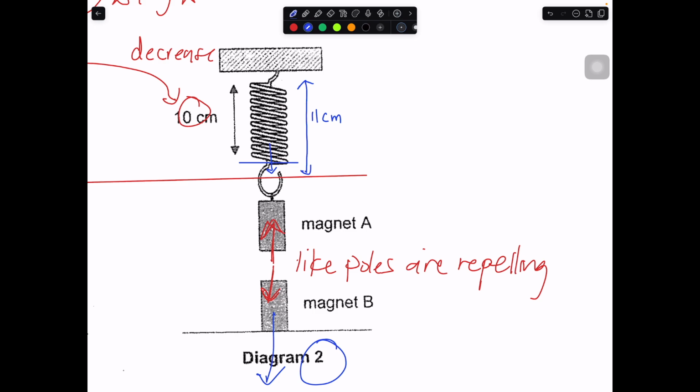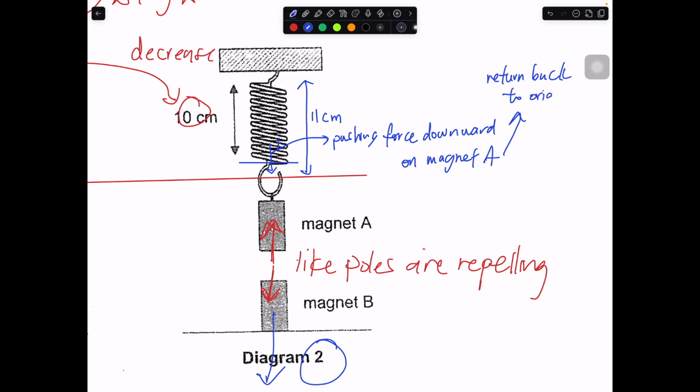So it will actually exert a pushing force downward on magnet A, because the spring will want to return to its original position, which is at 11 cm.